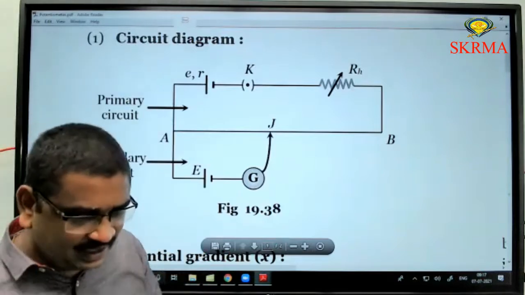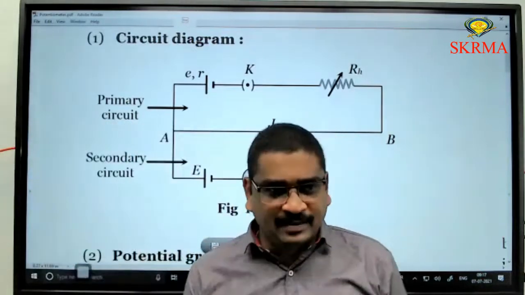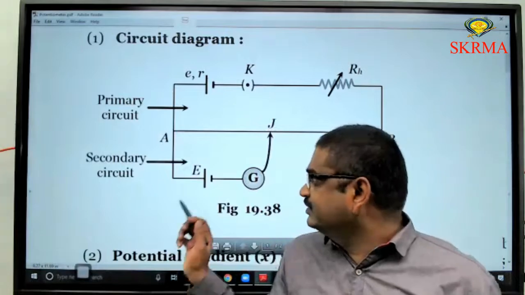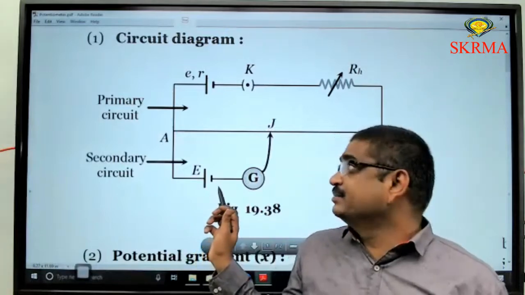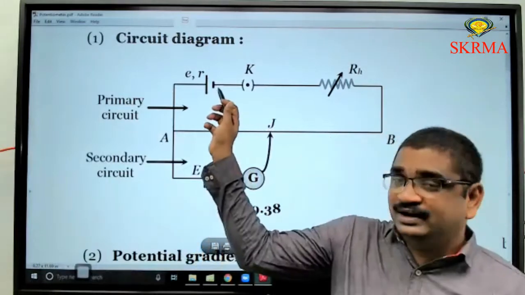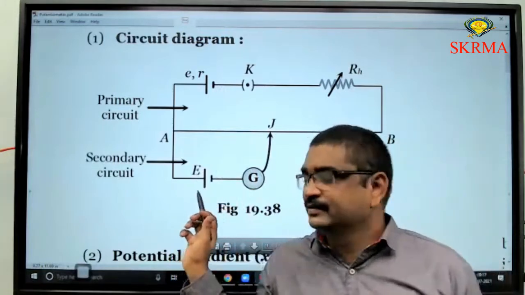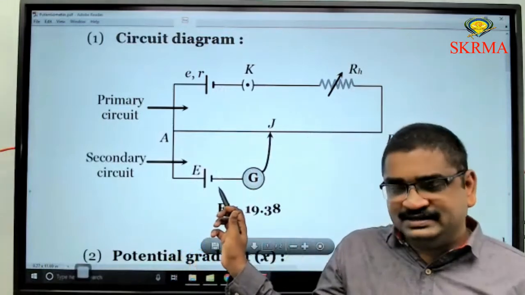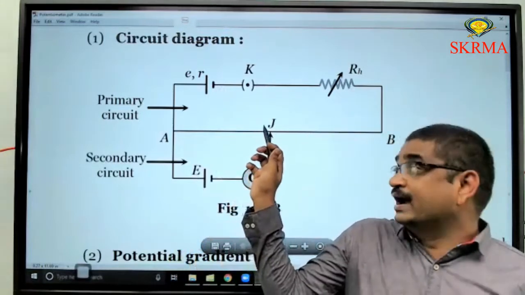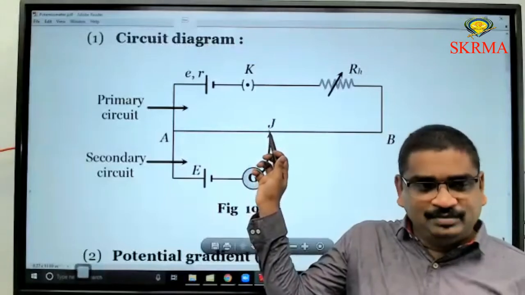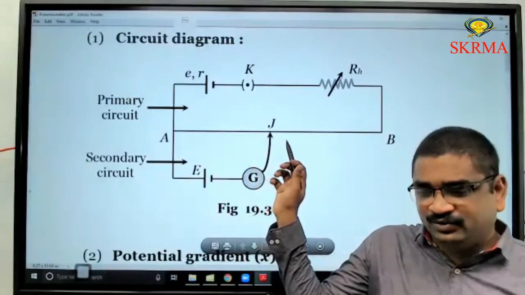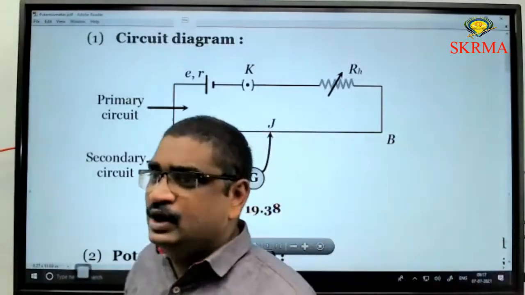So what are the main differences here? Compared to the meter bridge, here we need to connect an external EMF. Apart from the original battery, we need to add another cell. And the other difference is that the wire is more than 1 meter in length.